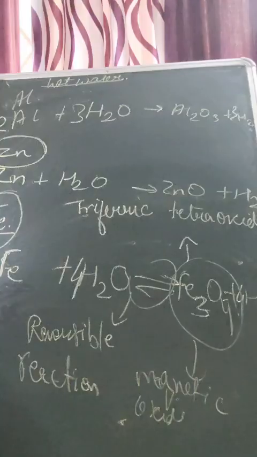Along with magnesium, calcium is also not used because of the expensive rates. Then we have sodium and potassium. Now, we know that sodium and potassium are highly reactive metals. So, when they react with water, it is a violent reaction. So, this is why we do not use them for hydrogen.